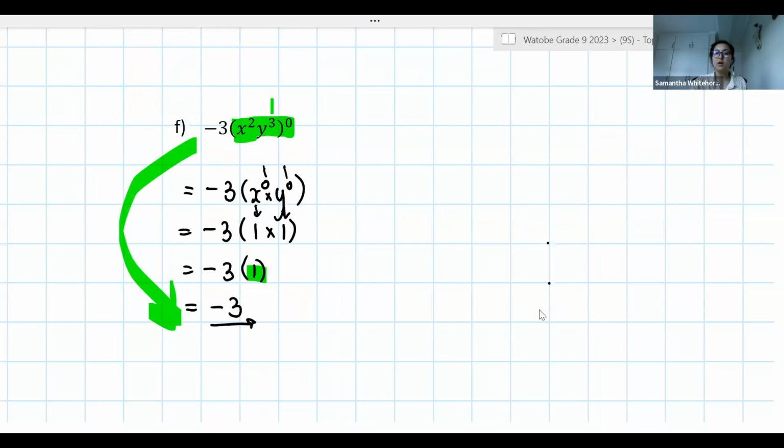As you start to get more comfortable with exponents, you will slowly but surely be able to just skip some steps. But for now, rather write out your steps, rather make sure that you are doing everything correctly, you're dealing with the distribution, etc., before starting to just skip out steps unnecessarily.